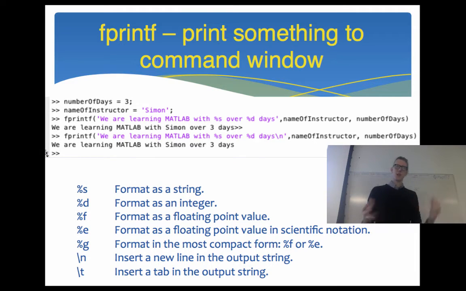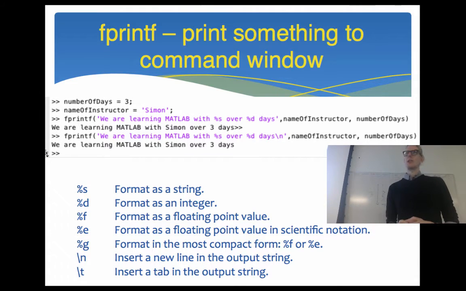So the first two lines create two variables, one of which is a number, one of which is some text. Now on the next line, I want to print some text to the screen. And when I say print, I'm not meaning with a printer, I'm meaning display it to the screen below the command. You'll use this a lot when you've written a big script to keep whoever's running your script up to date with what's going on.